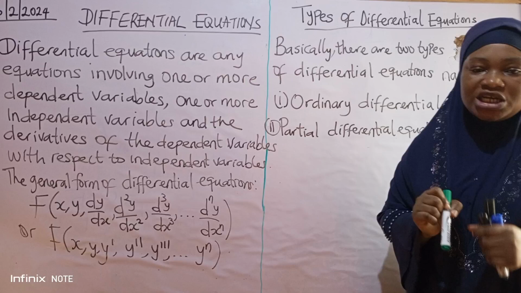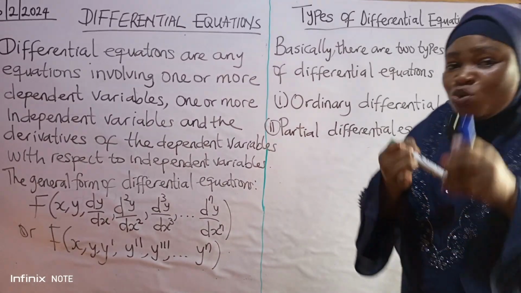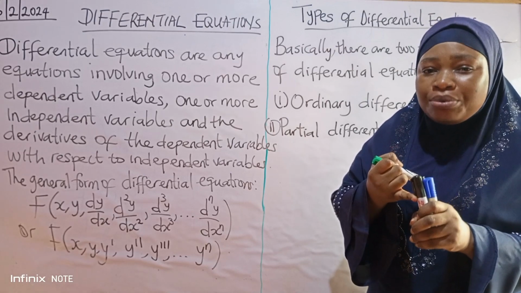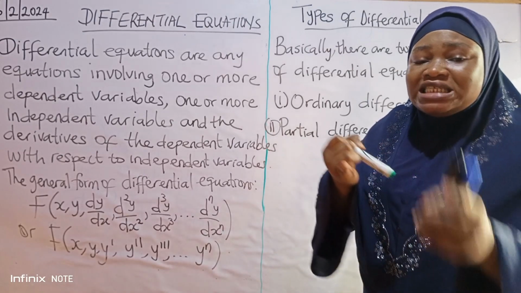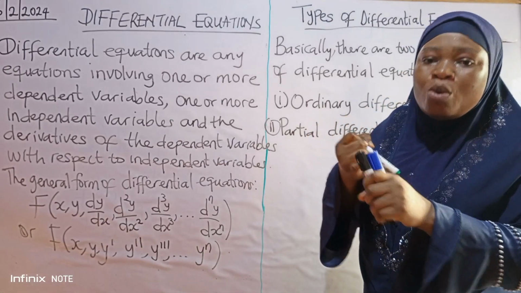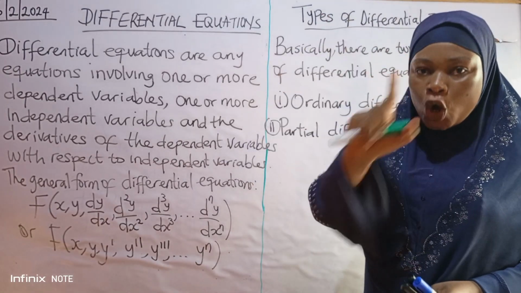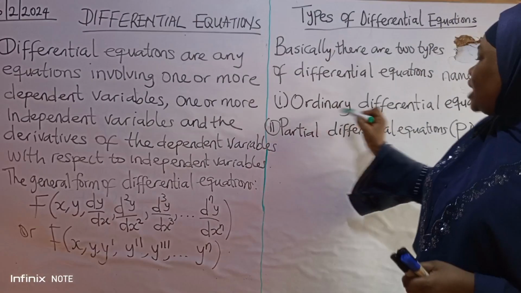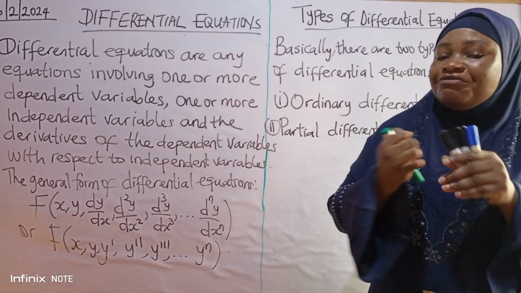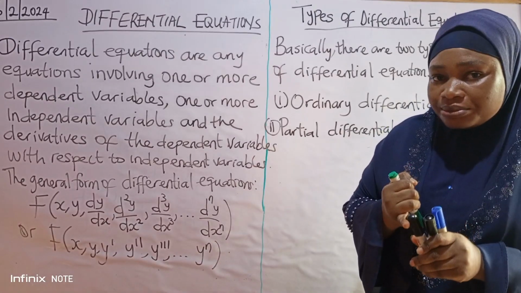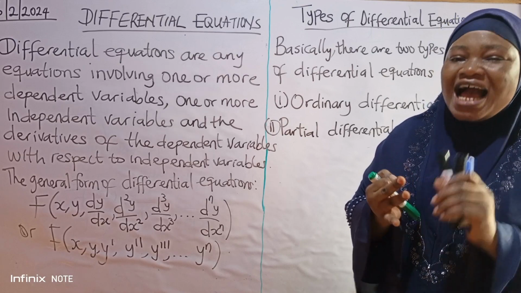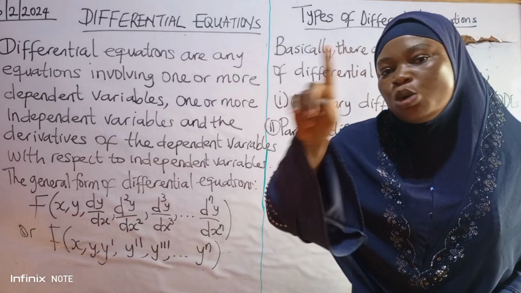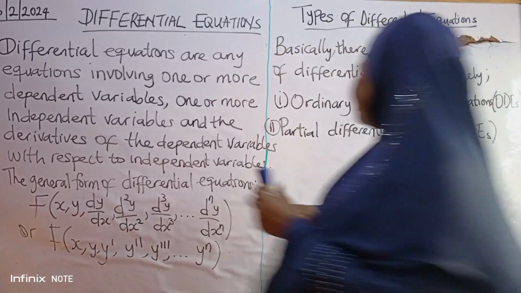In ordinary differential equation, we have the dependent variable and the derivative of dependent variable with respect to just one independent variable. Let me explain that again. In ordinary differential equation, it involves dependent variable, independent variable, and the derivative of dependent variable with just a single independent variable.